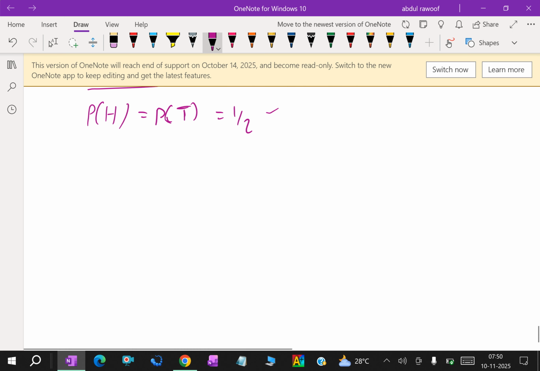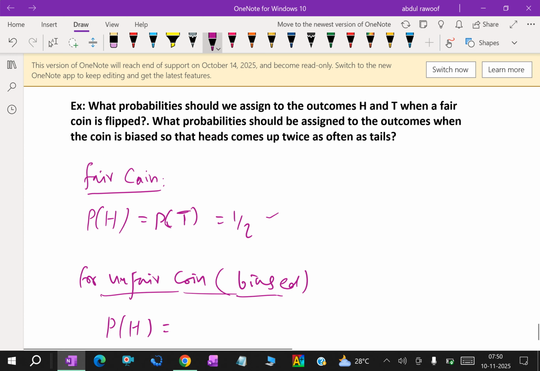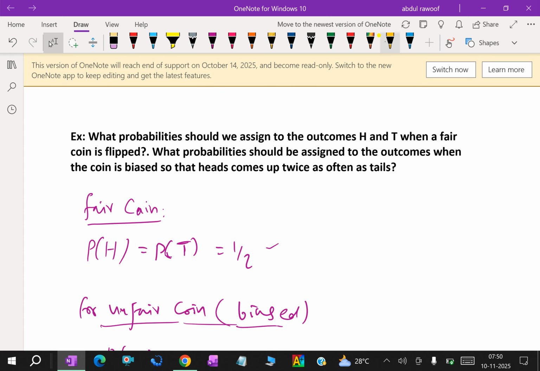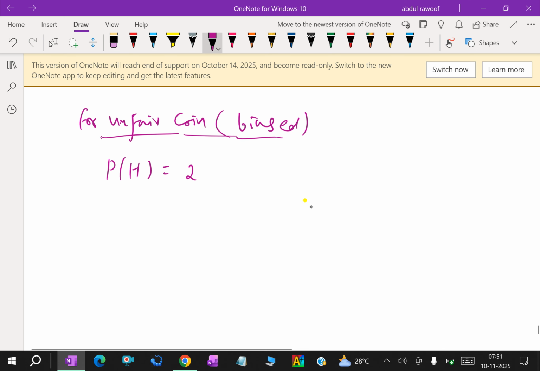But next one, for a biased, unfair coin: what probabilities should be assigned to the outcomes when the coin is biased so that heads comes up twice as often as tails? That is, heads is twice the probability of tail.